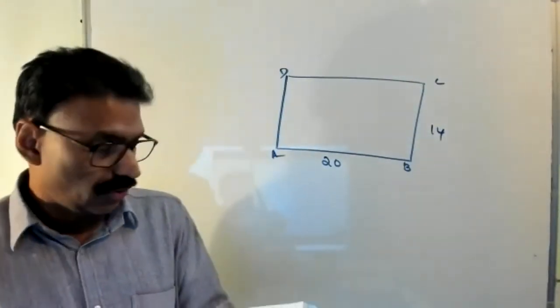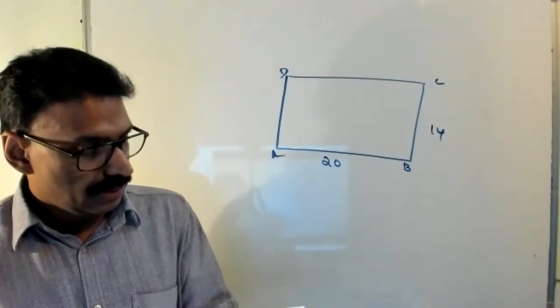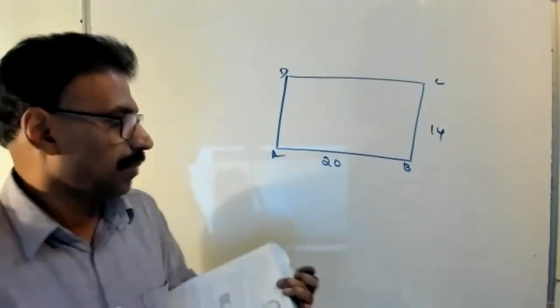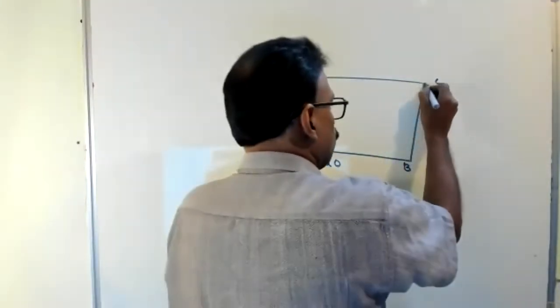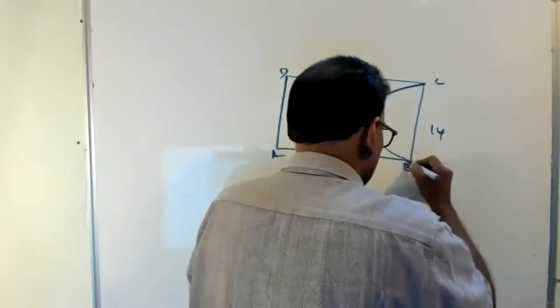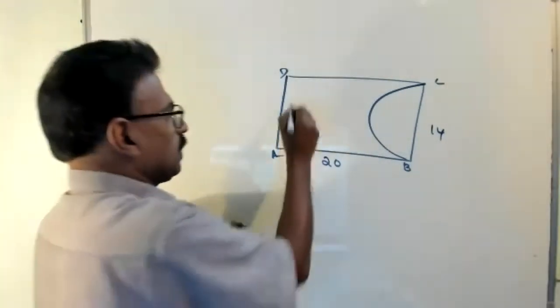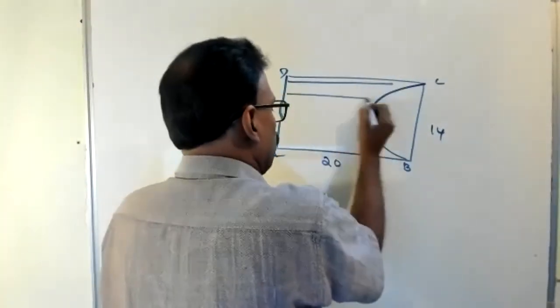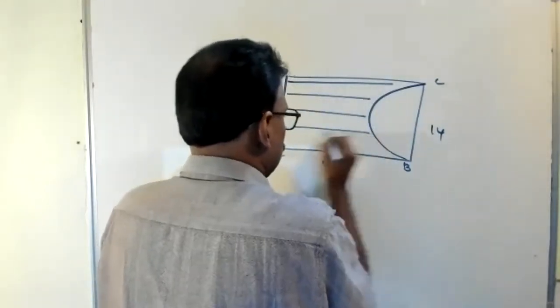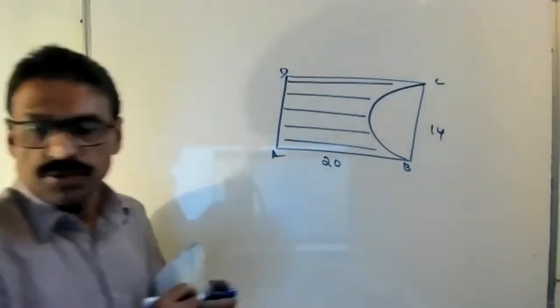A semicircular portion with BC as diameter is cut off. Find the area of the remaining part.